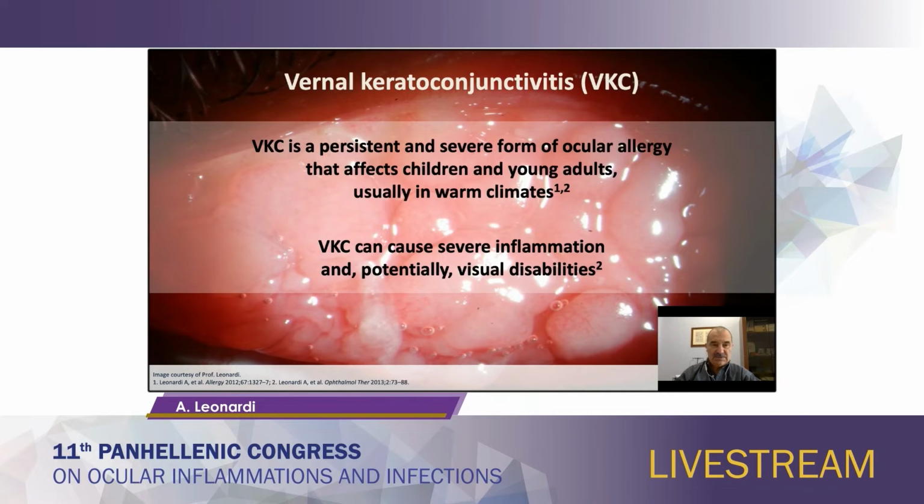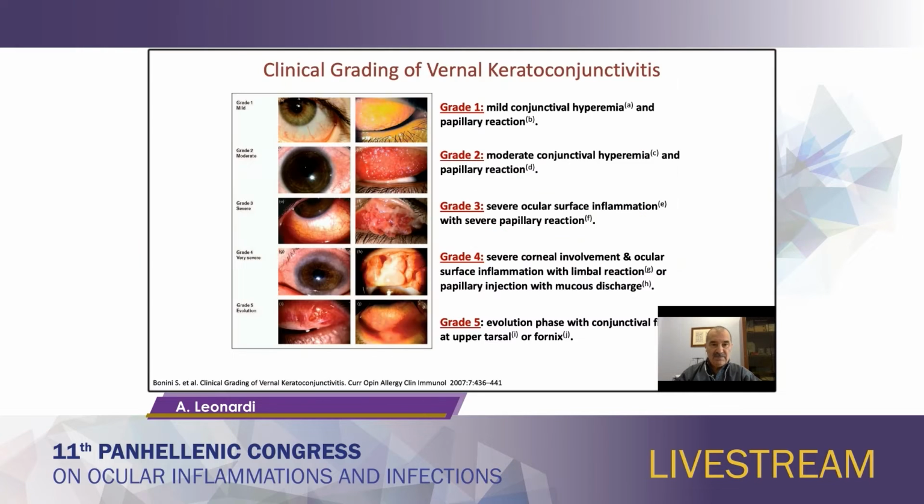VKC is a persistent and severe form of ocular allergy that affects children and young adults, usually in warm climates. In fact, the grading of severity of VKC takes into account both limbal changes and the size of the giant papillae in the upper tarsal conjunctiva.